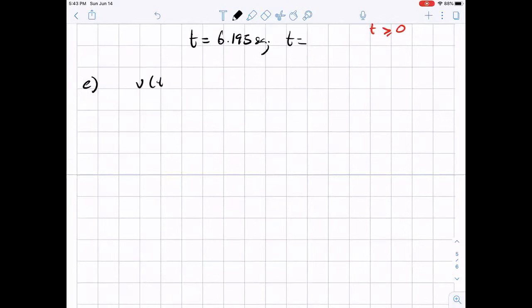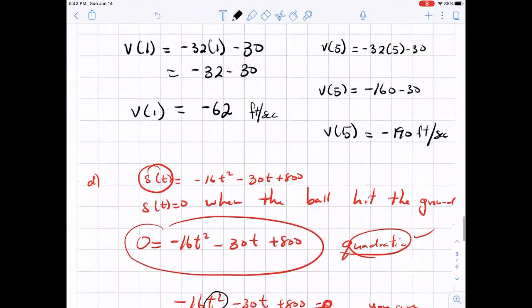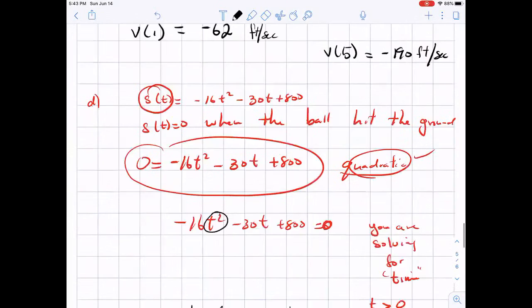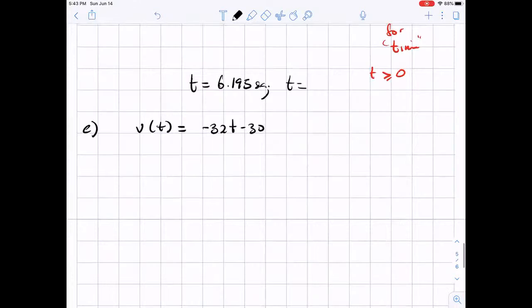We found the v of t in part C: the velocity function is minus 32t minus 30. Now, when the ball hits the ground, t is this number here. So v of 6.195 is minus 32 times 6.195 minus 30.